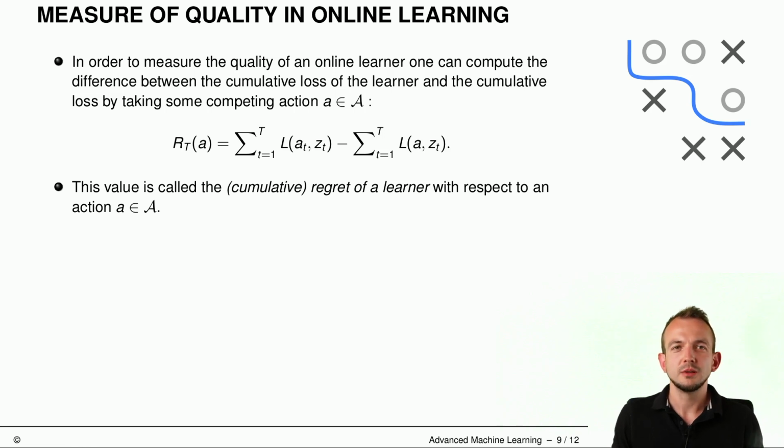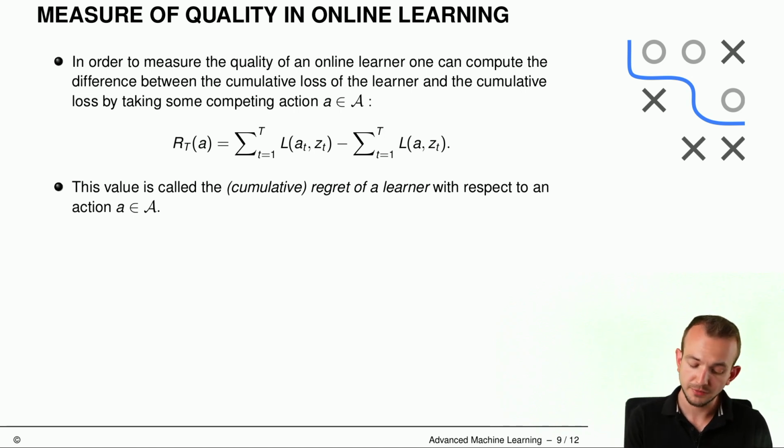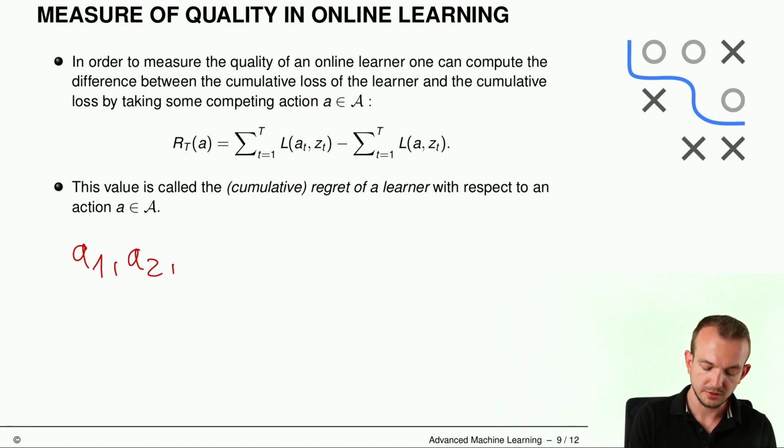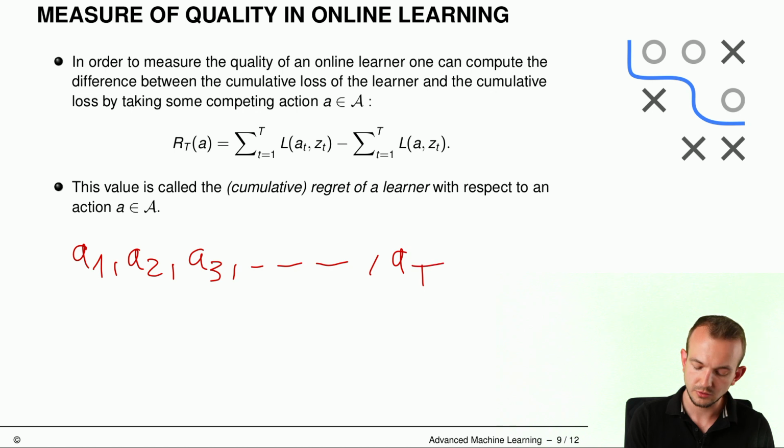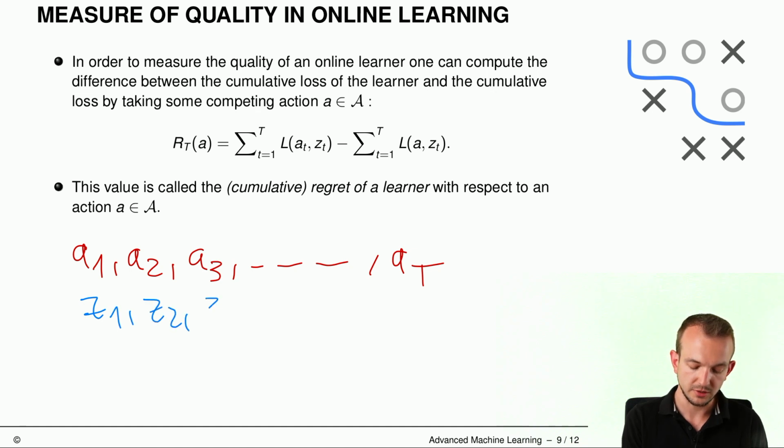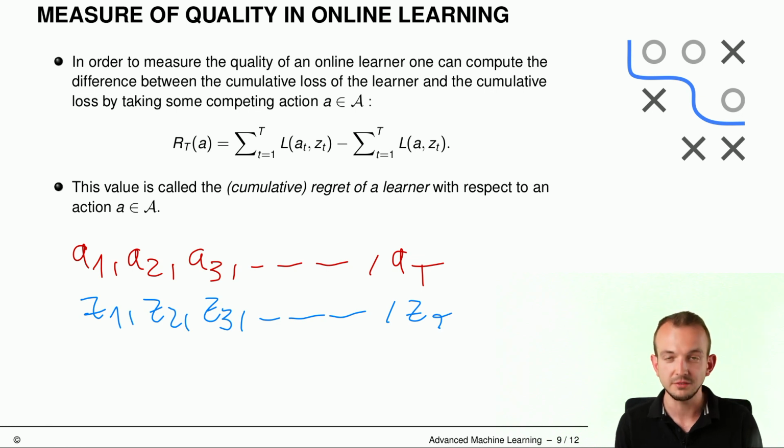So the measure we will look at is the so-called regret, which is given as follows. So first of all, let's recall our scenario: we have a learner which is generating a sequence of actions, and we have an environment which is every time reacting to that, or if it's oblivious, it will simply generate data.